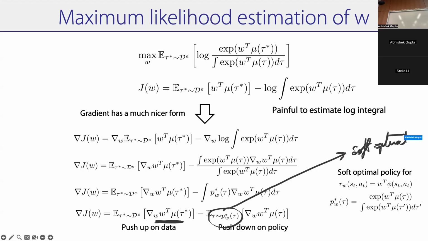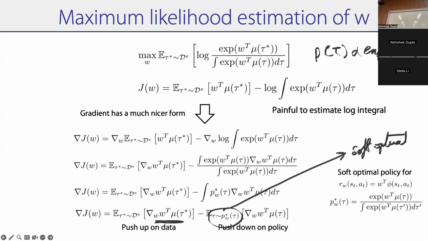So the way we got here, let's just recap. We just took our maximum likelihood objective. Our maximum likelihood objective when we said p tau is proportional to x W transpose mu. Okay. That was our model for a trajectory. We said we're going to do maximum likelihood. We just took the gradient of that objective.